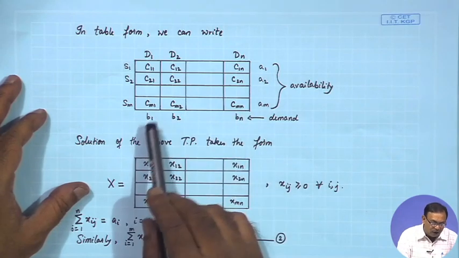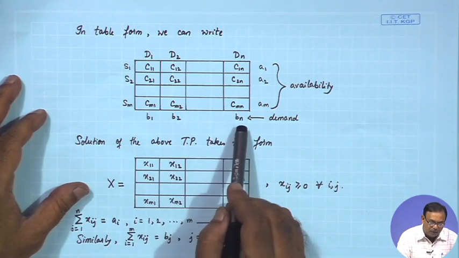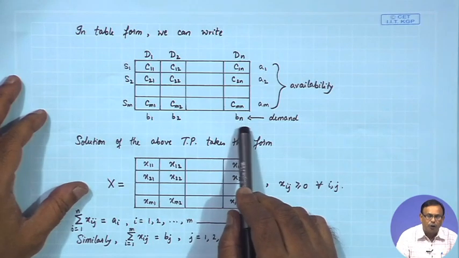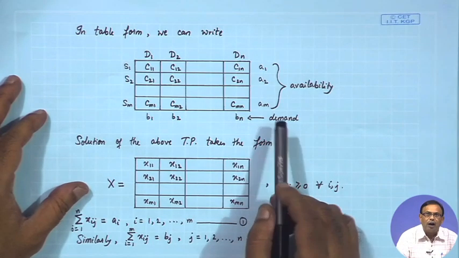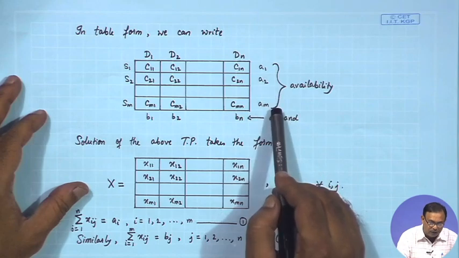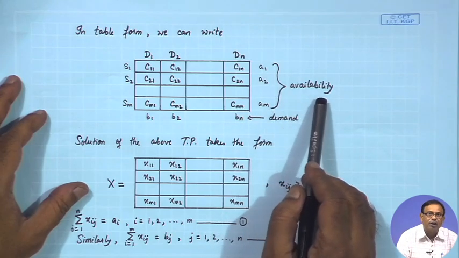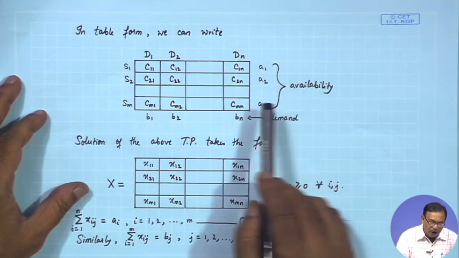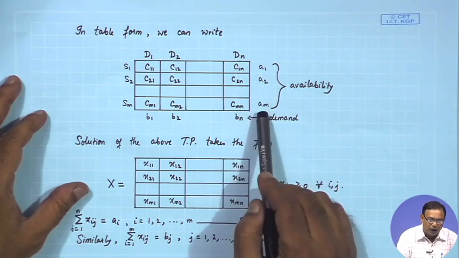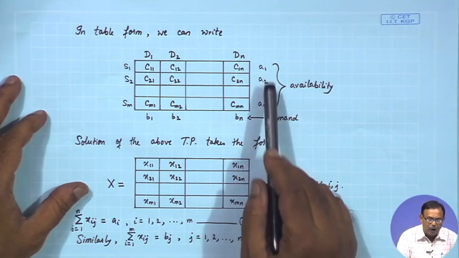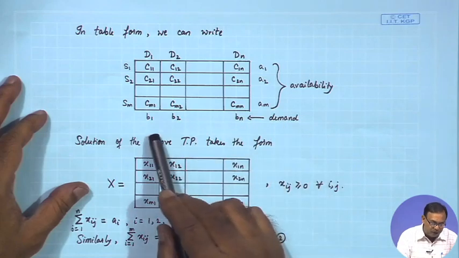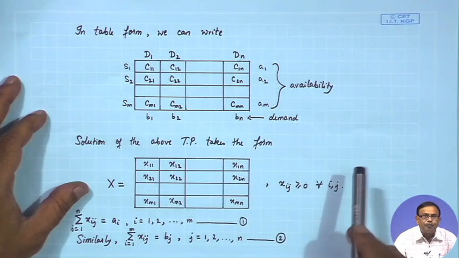For the columns we write B 1, B 2, B n, which represent the demand, and A 1, A 2, A m, as you have seen earlier, represent the availability. So availability comes as the last column, A 1, A 2, A m, whereas B 1, B 2, B n are the demands.